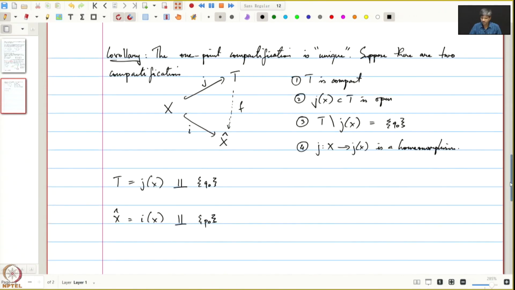By our definition of the map F, here it is I compose J inverse, a bijection, and there's just one point outside J of X, and that is sent to P naught, by definition. So this implies that clearly F is a bijective map, and by the previous proposition, F is continuous.